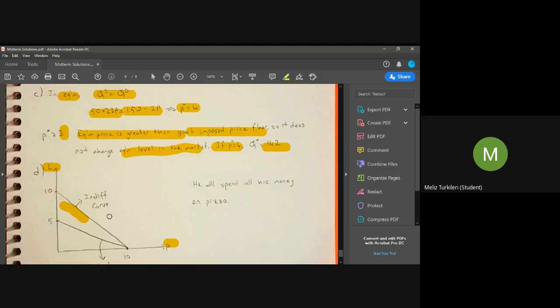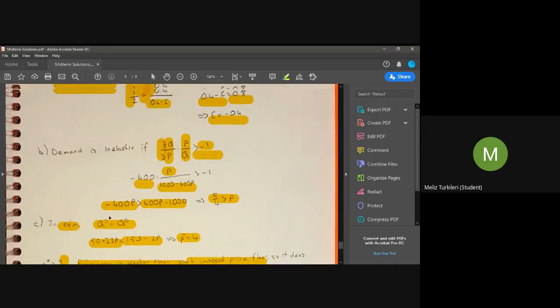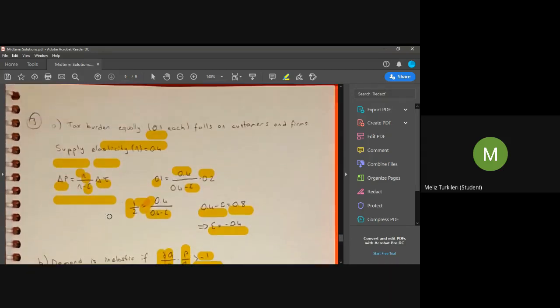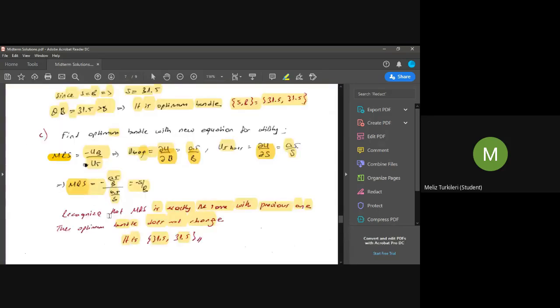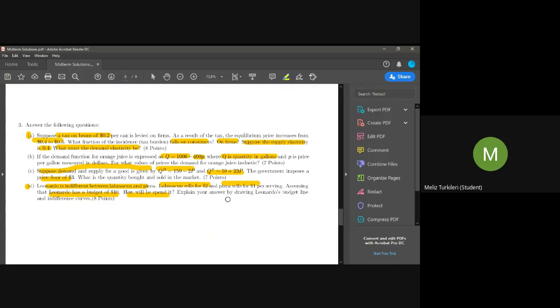What about the budget line? What do we know about that? Let's check the question again. I'm sorry. We know that we have $10 as a budget, and if we do not buy any pizza and just use this amount to buy lahmacun, then since the price of lahmacun is $2, the maximum amount of lahmacun that we can buy is 5, right?